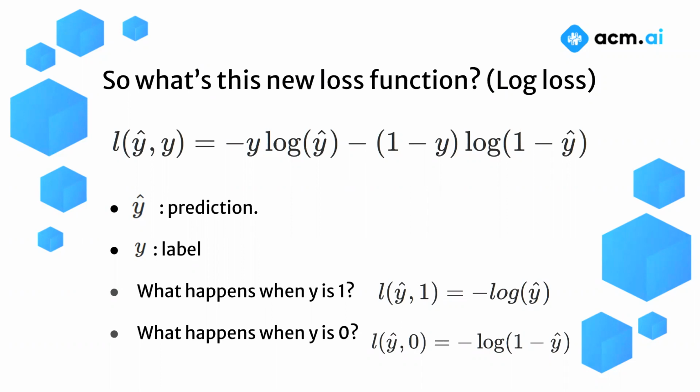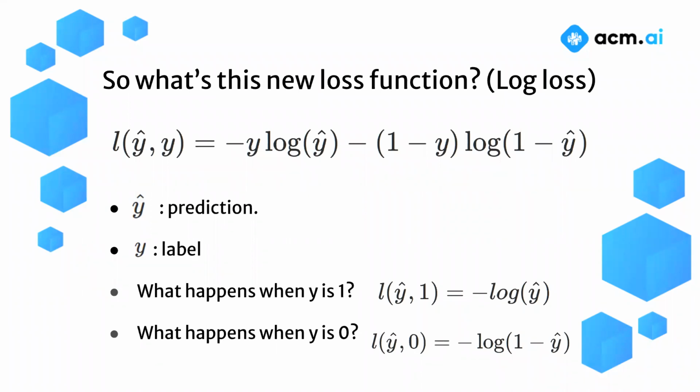Thinking about this logically, if y hat is closer to 1, we're going to have an error closer to 0. If it's further from 1, this log will be negative. It'll be a log of a value less than 1, like log of 0.5, for example, and then we have a negative sign.